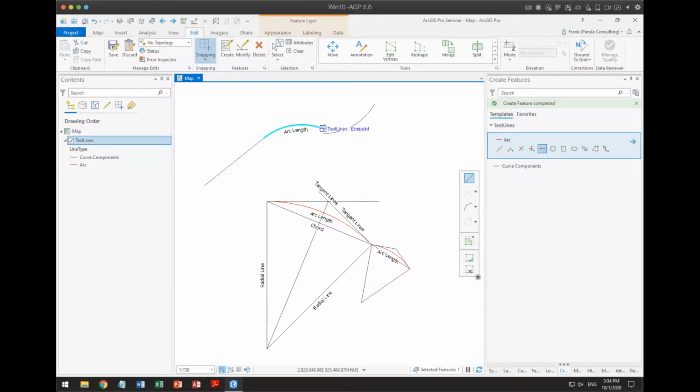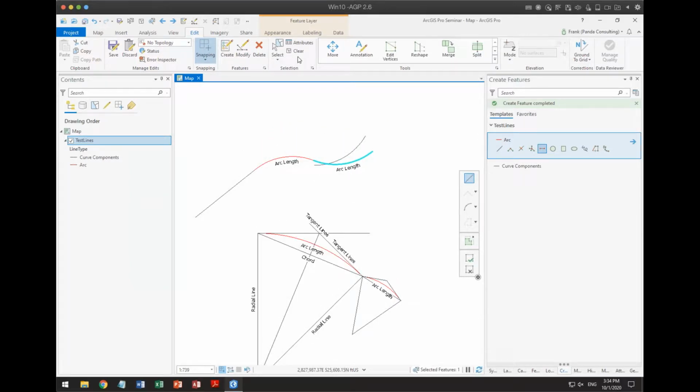And if I go to create another curve from here, it will understand what that is. I can go to the left. Now on here, with this type of curve, in this case, there's my chord.